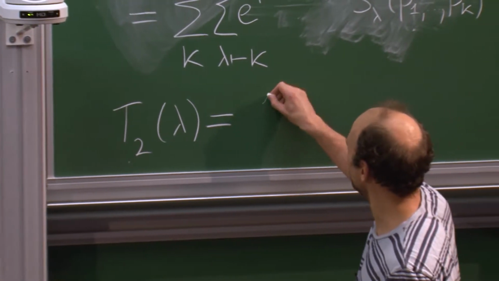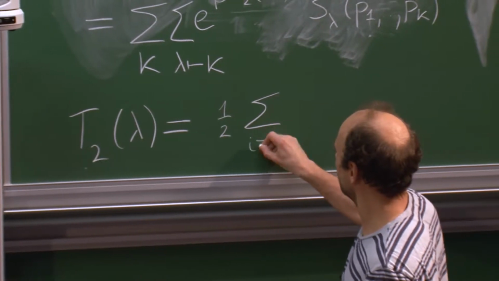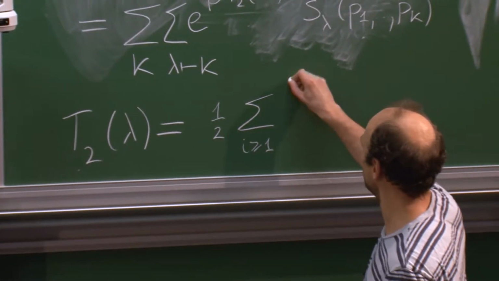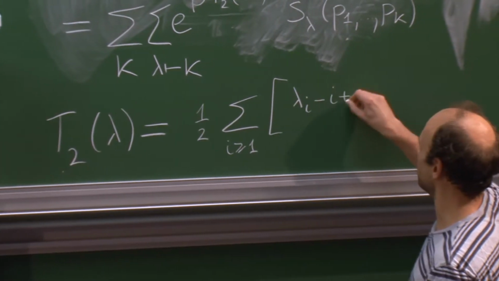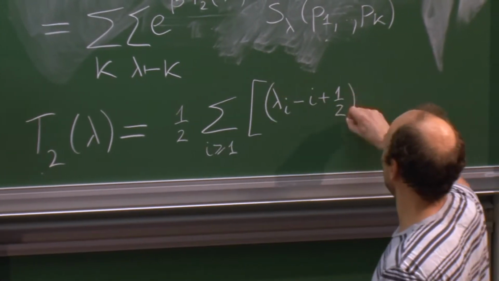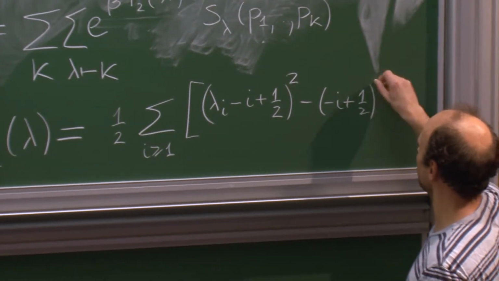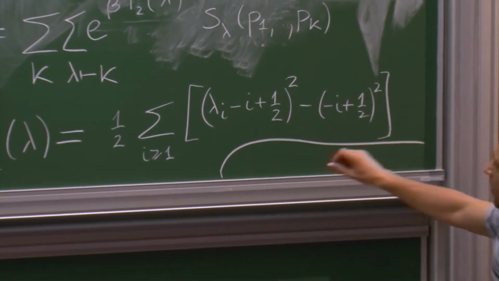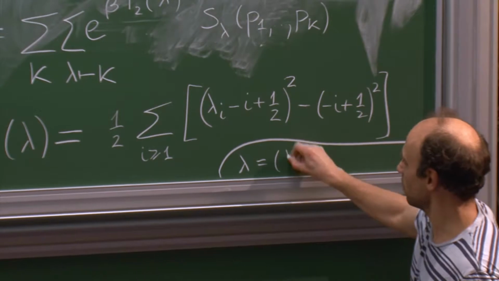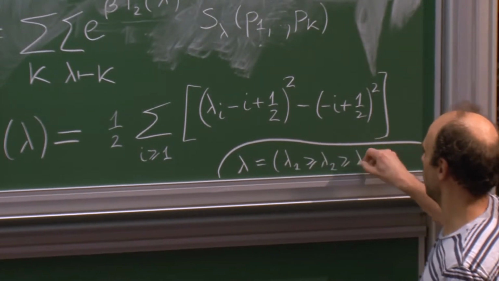So it's 1/2 sum for i greater than or equal to 1 of (lambda i minus i plus 1/2) squared minus (minus i plus 1/2) squared, where lambda is equal to lambda 1 greater than or equal to lambda 2 greater than or equal to lambda 3 and so on.